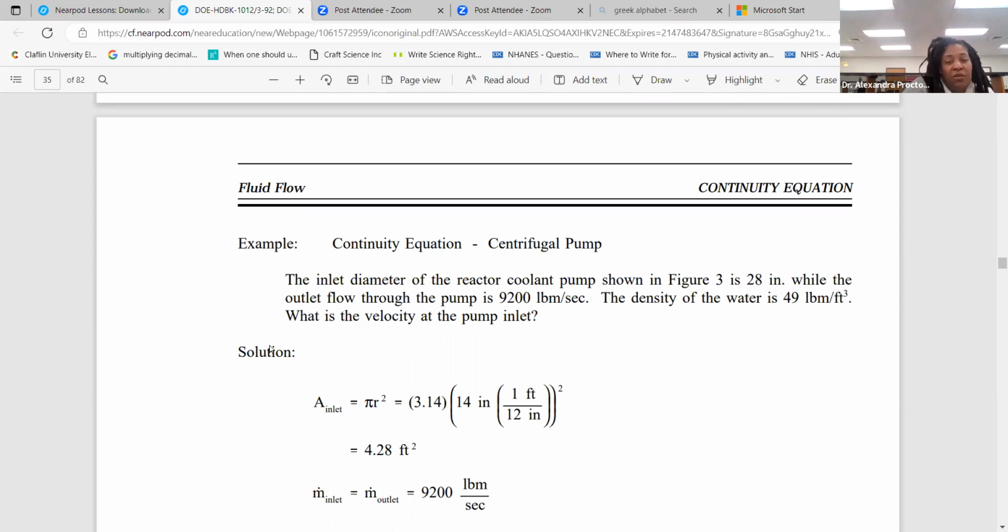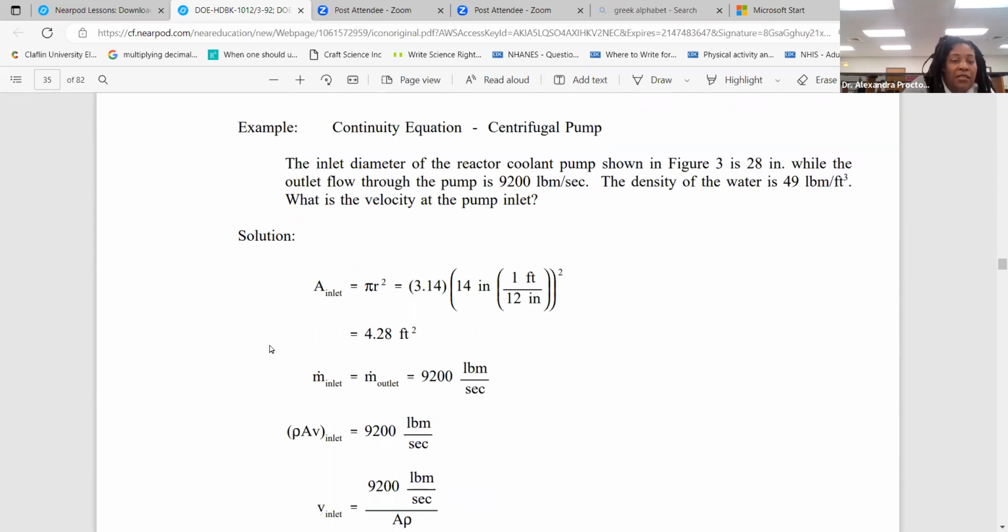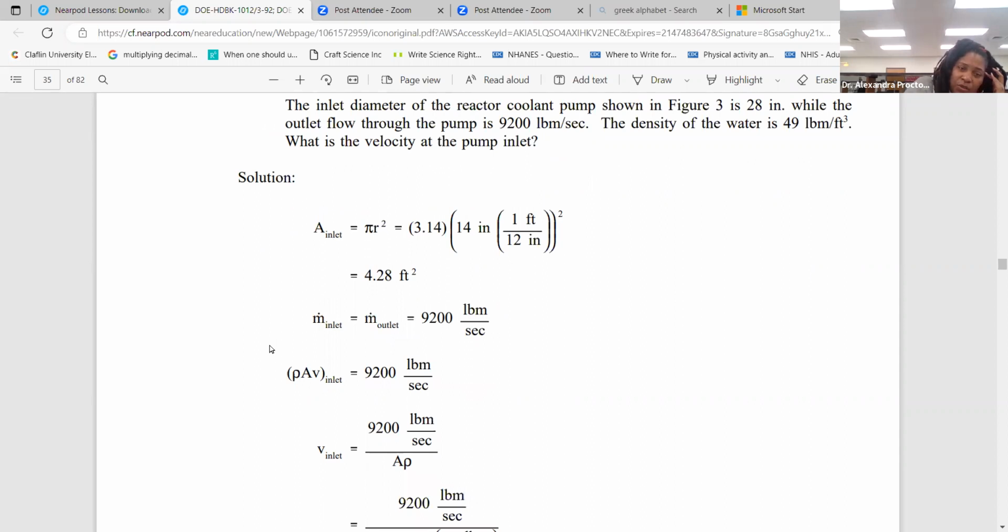M inlet is equal to M outlet. That's equal to 9,200 pound mass per second. And so they're able to substitute for M: rho A V inlet is equal to 9,200 pound mass per second. V inlet is equal to 9,200 pound mass per second divided by A rho.